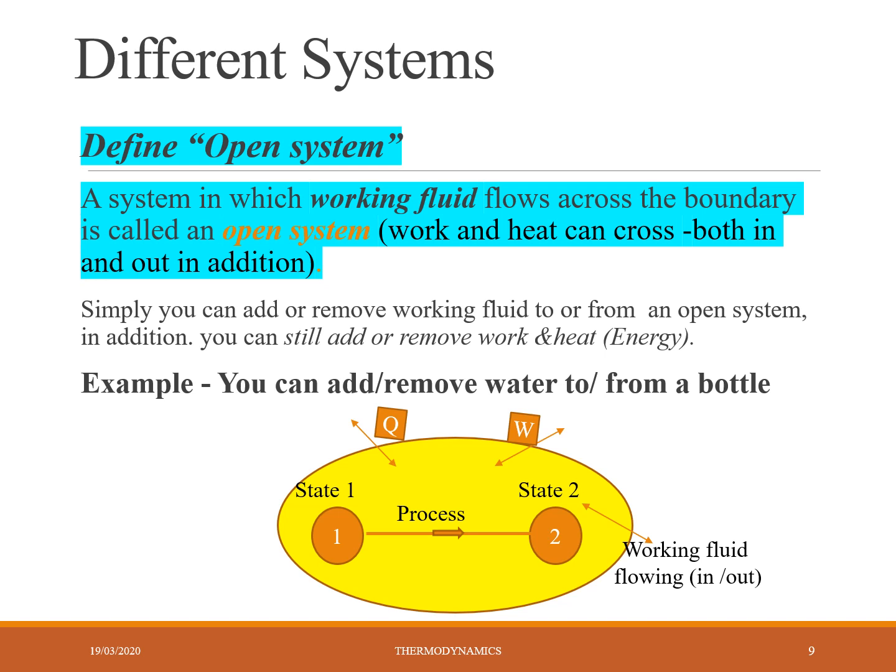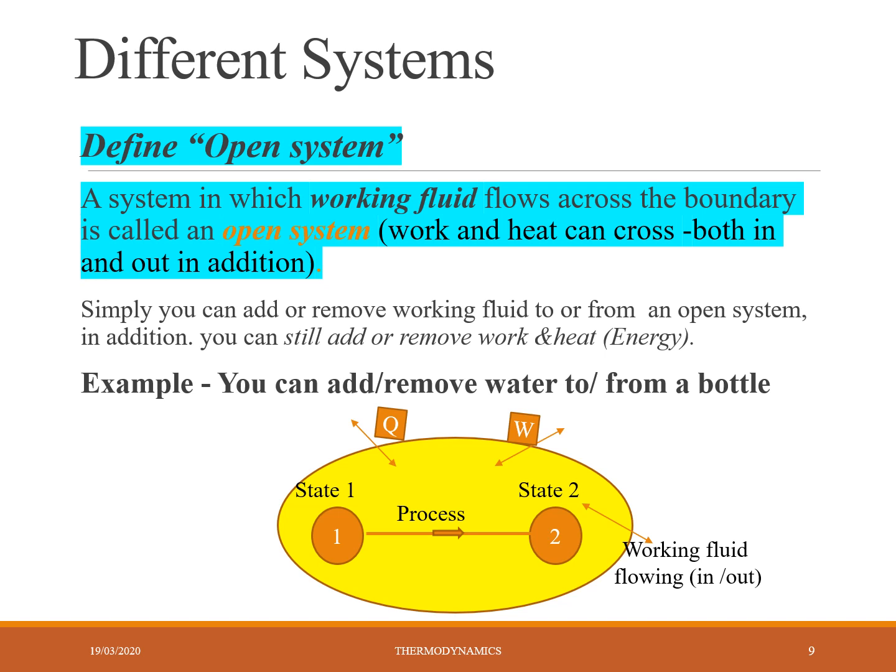I think it is very easy because the word open is open, right? Then your defined system is open for working fluid, open for heat, open for work. All three are open for in and out.